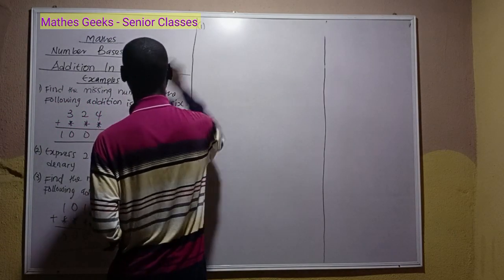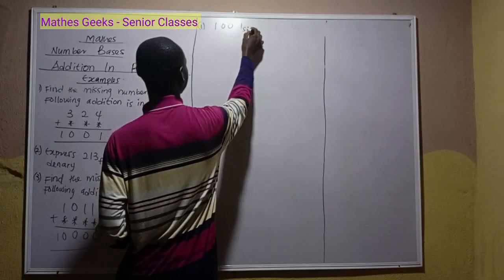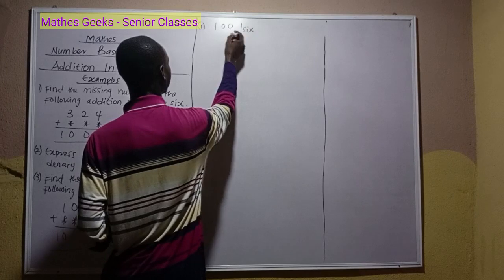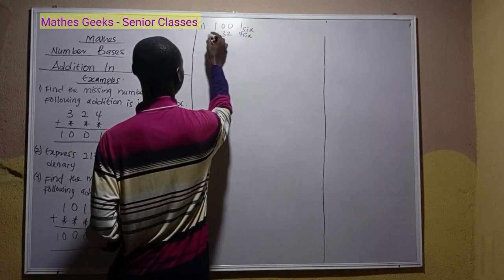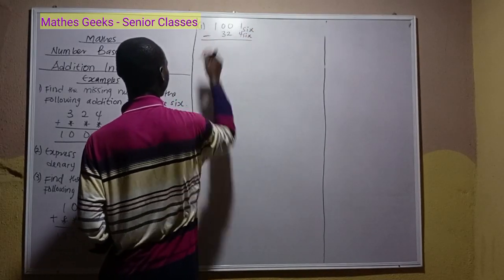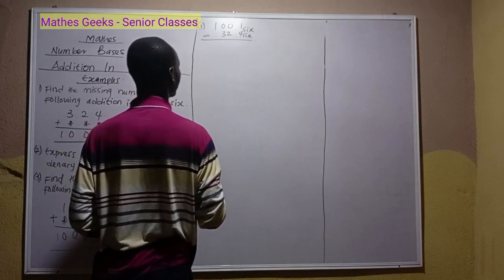So let's write this out. 1001 in base 6, 2324 in base 6, plus, subtraction. So 1 minus 4, we also need to borrow.